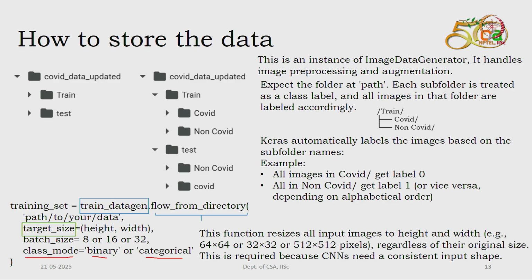I will take the first 8 images at a time, 16 images at a time, or 32 images at a time. That is the batch size. This is how we prepare a training set, and how you need to pass the training data to a model. Let us proceed.